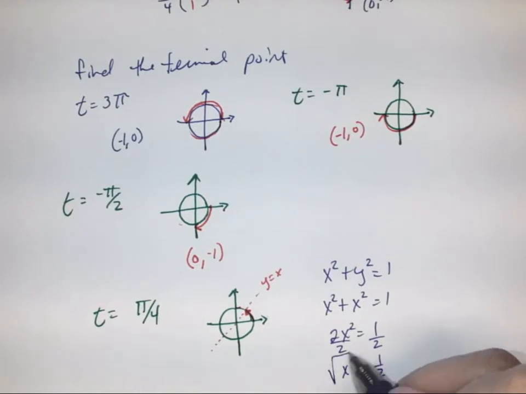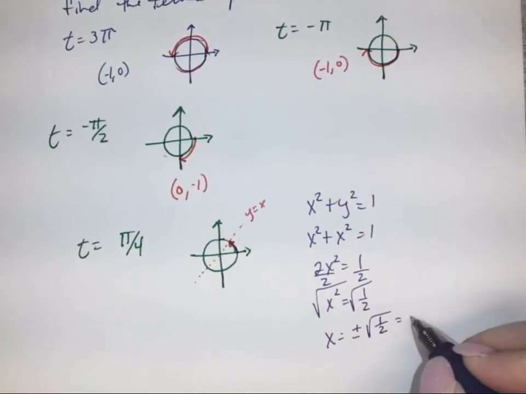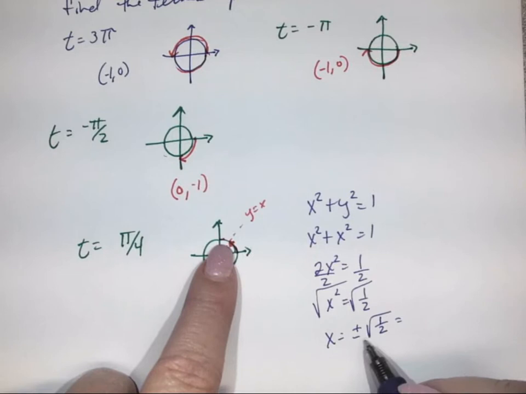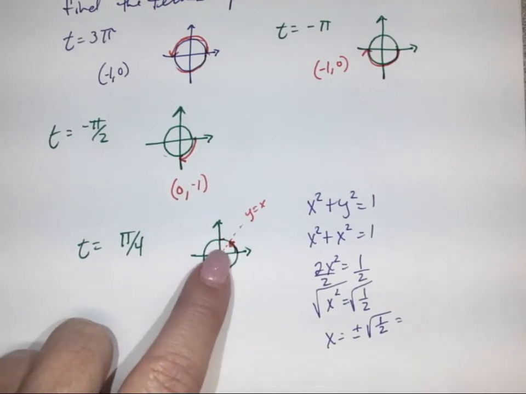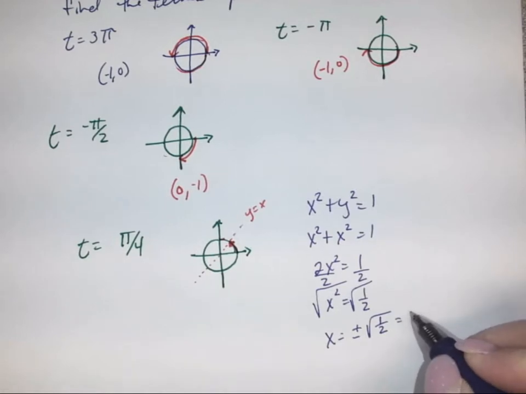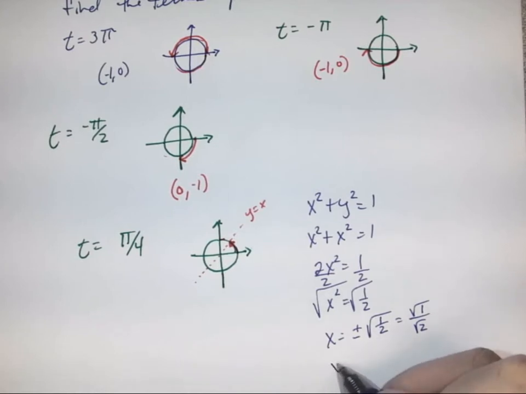Taking the square root of both sides, we get x equal to plus or minus the square root of 1/2. Like we've done before, we know we're in quadrant 1, so both x and y will be positive. So x would be equal to 1 over the square root of 2.